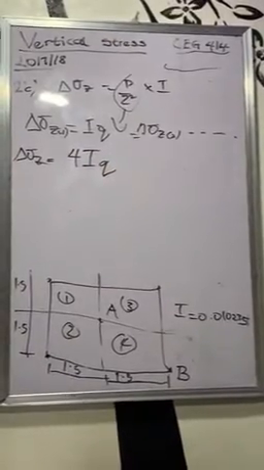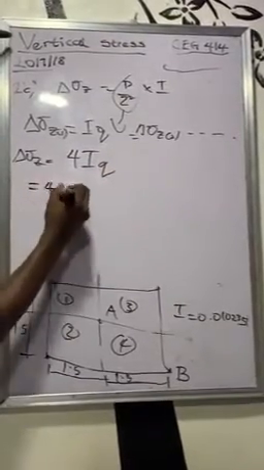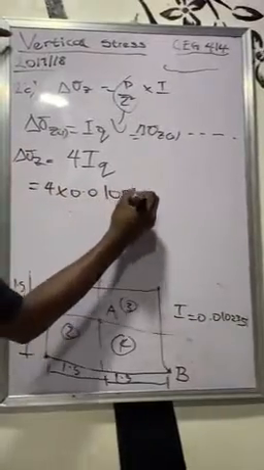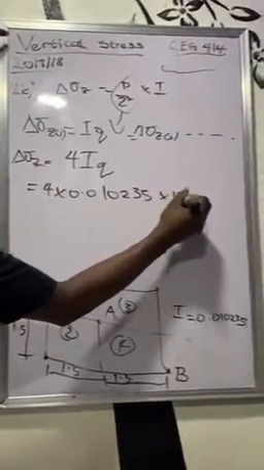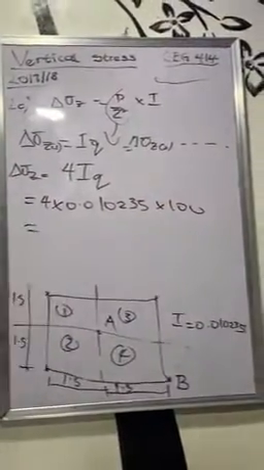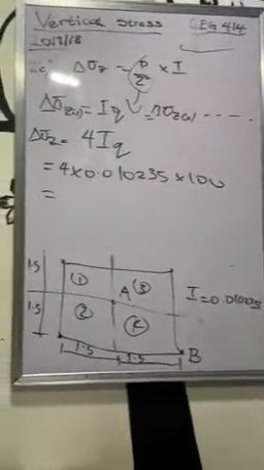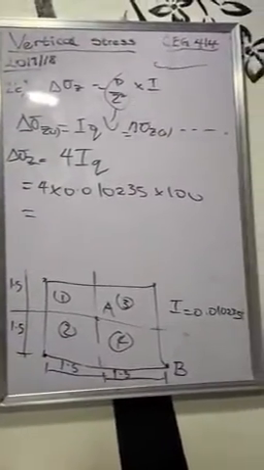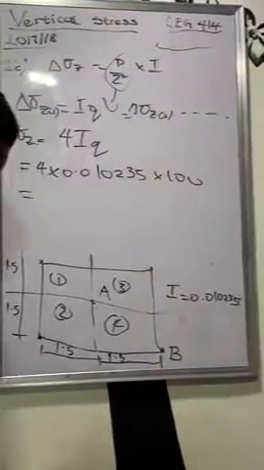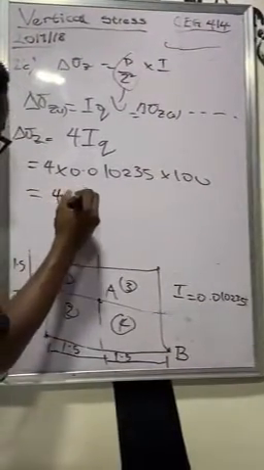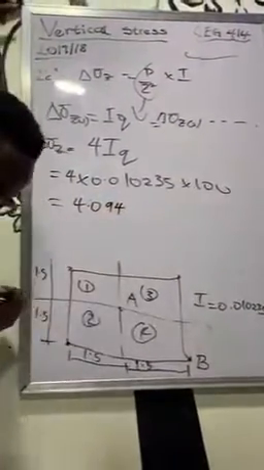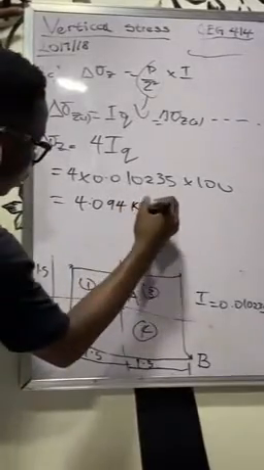Hope that is clear. So I have my I as 0.010235, I have my Q to be 100. I can find my change in pressure at the center line below the foundation at 10 meter depth to be equal to, these are mathematical calculations, about 4.094. I've solved this somewhere before, so I'm just picking the values I got.